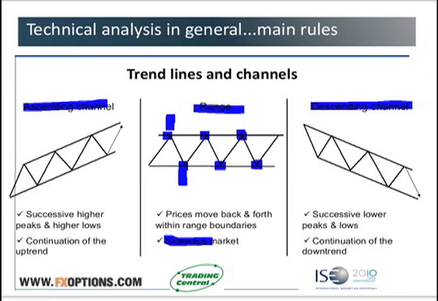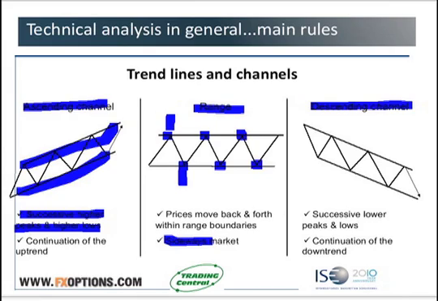This is our time horizon on the FX options recommendations we provide. In the case of the ascending channel, there are successive higher peaks and higher lows. Higher peaks and higher lows mean a continuation of the trend.